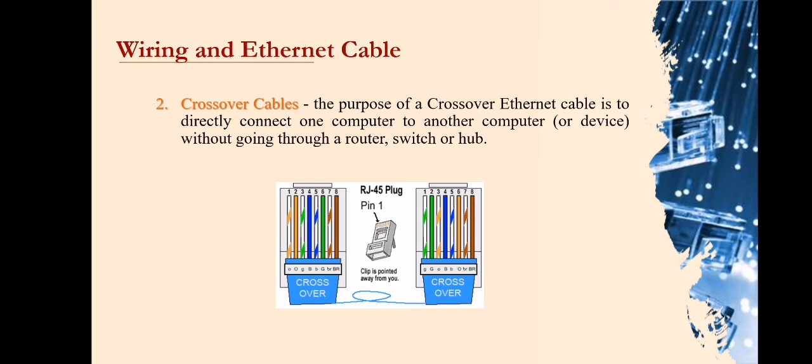If you connect computers using a router, you make use of straight-through cables. If you are connecting computers directly to each other, you will be using the crossover cables. So the type of connection will depend on the kind of cables that you will be using.